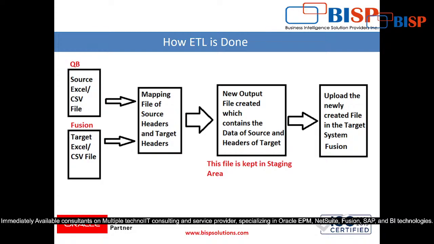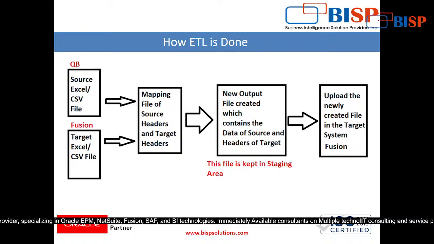If they say yes, okay. For example, in QB they are using ADDR1, address 1. But if they say no, we want different names, we want to make things much better, then we will have all the header names in a separate file as per the new requirement in Fusion.